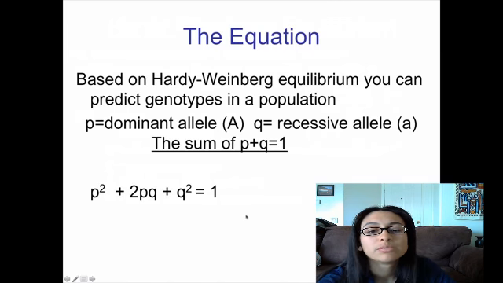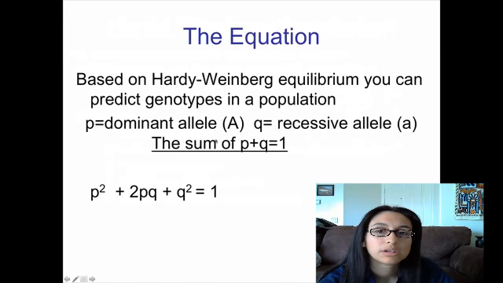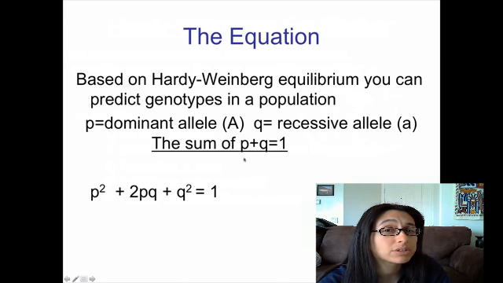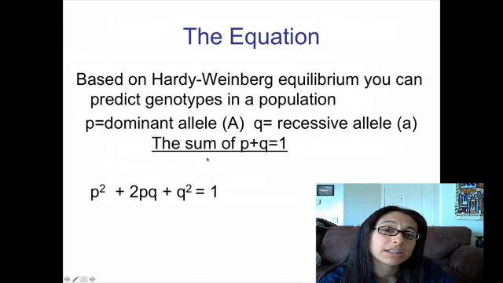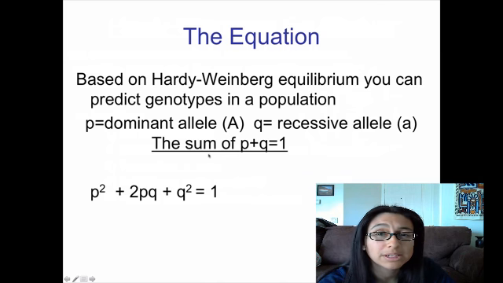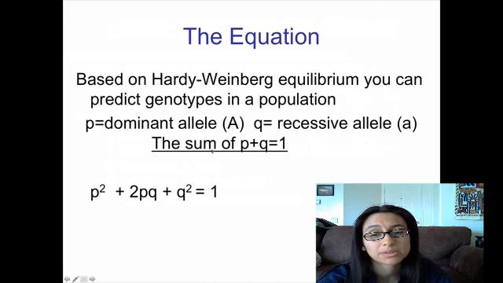All right, so here is the equation that can be really useful in determining allele frequencies, finding out how many freckle alleles are out in a population compared to no freckle alleles. What the equation focuses on the most is the genotypes and how many individuals in the population are homozygous dominant, how many are heterozygous, and how many are homozygous recessive.